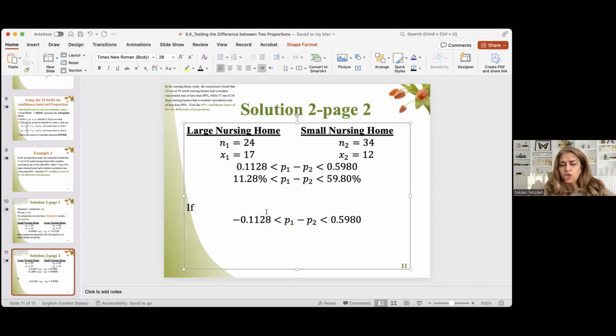All you do is change the negative decimal to 0. Just change the negative number on the left to 0, which means that P1 minus P2 is less than 59.80% and larger than 0%. Okay. Any question?